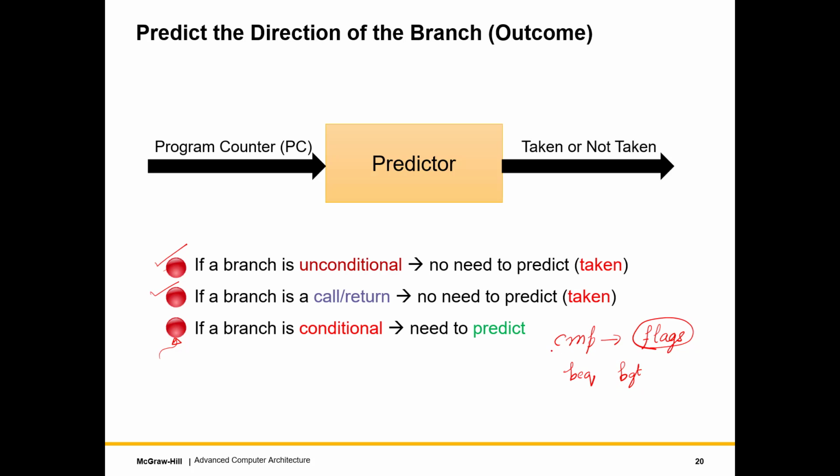So they see what the comparison resulted in, and based on that they go in one direction or the other. So not taken is of course the sequential direction, PC, PC plus 4 and so on, that is not taken. Or they can go in another direction which is taken, where we jump to the branch target.